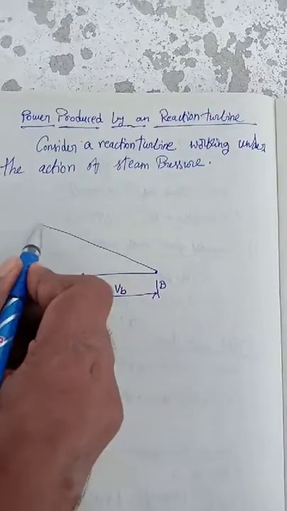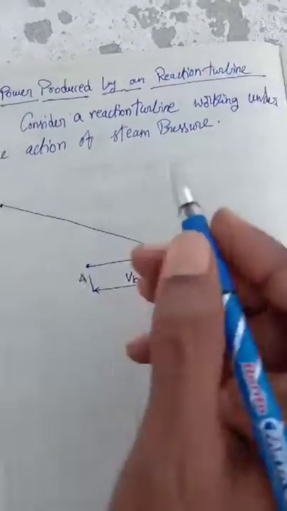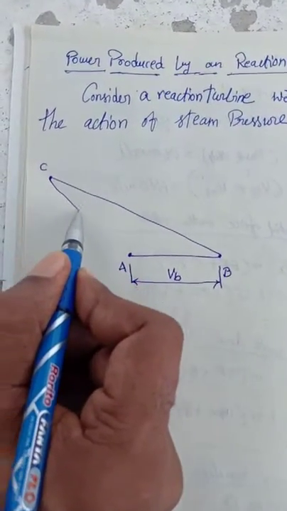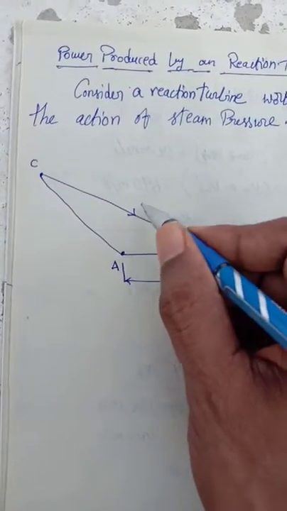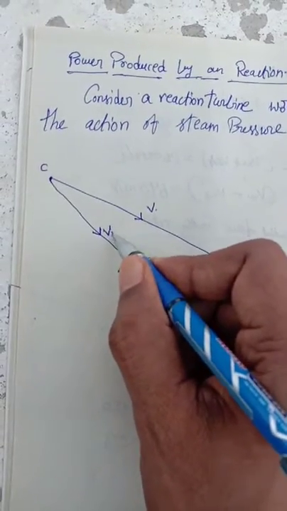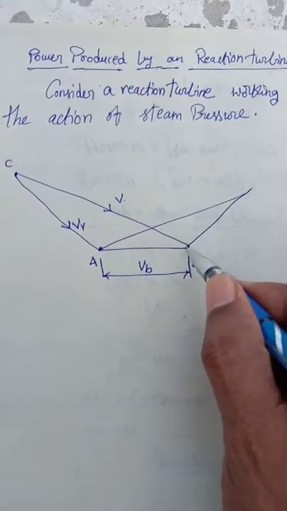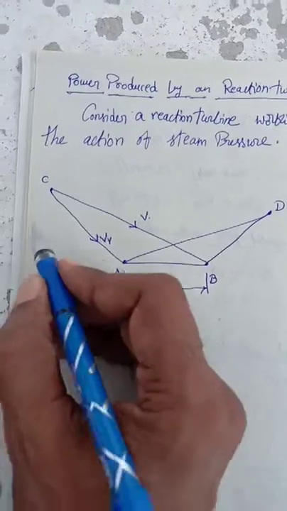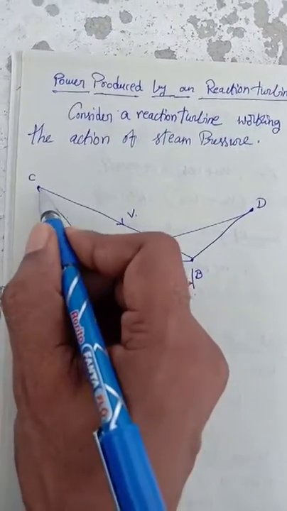From point B to the point C, and then C to A. So this is called V, and this we take as VR, and then here I draw the exit velocity point D. Now this is the inlet velocity diagram, this is the outlet velocity diagram.